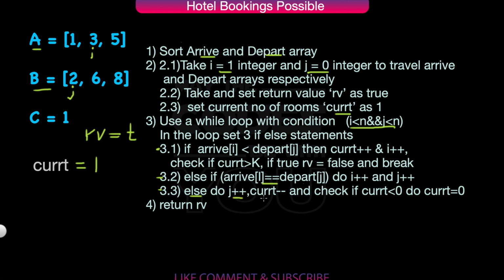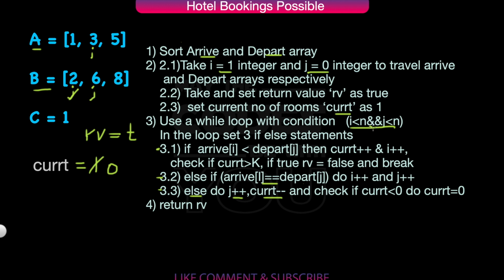We increase j and decrease current. So depart[j] becomes 6 and our current now becomes 0. Then we check if current is less than 0, we set current equal to 0.